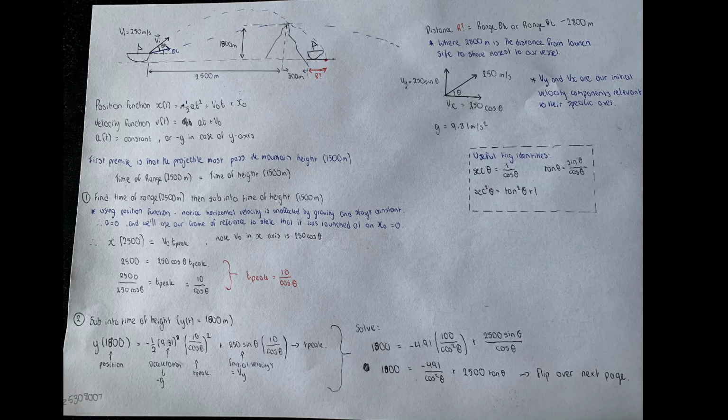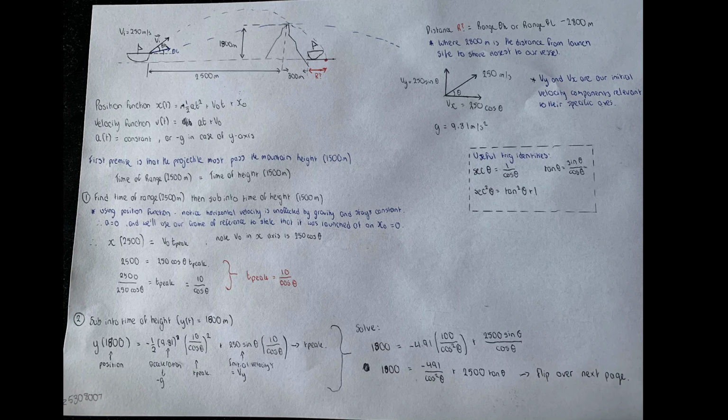To the right, we have our triangle, which defines our initial velocity in its x and y components. The resultant vector of 250 meters per second can be broken up by simple trig rules: the initial velocity in the x direction is 250 cos theta, and in the y direction is 250 sine theta.